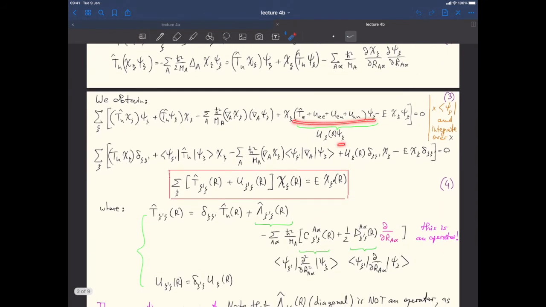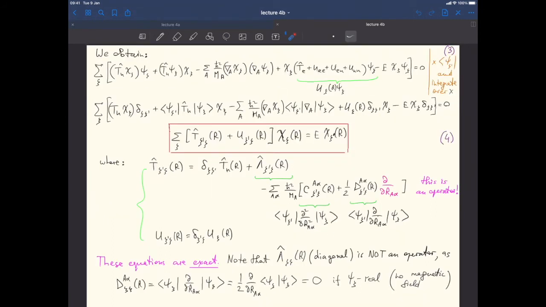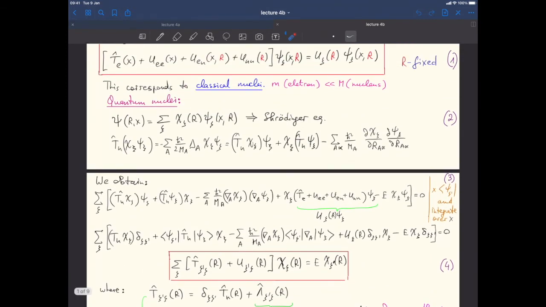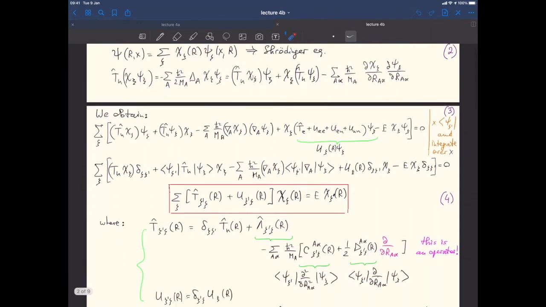So that term can be easily handled. So we obtain this equation here at the top of the slide, but it's still not yet an equation for the coefficients chi zeta. These are the coefficients we would like to obtain.